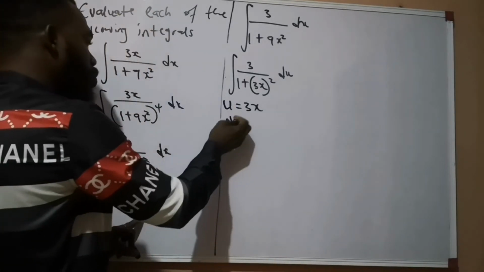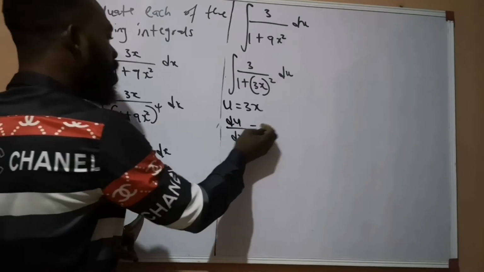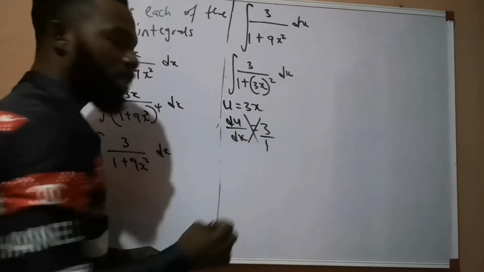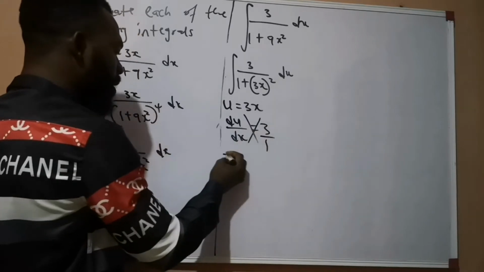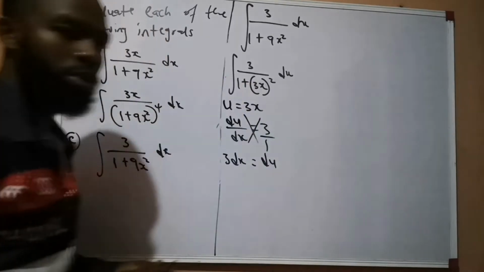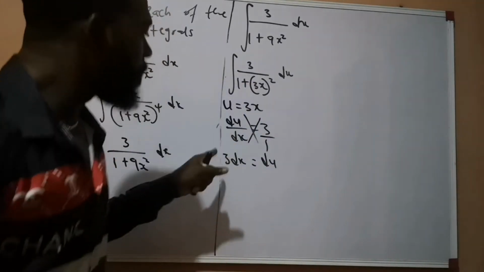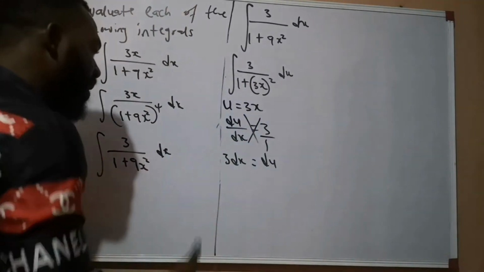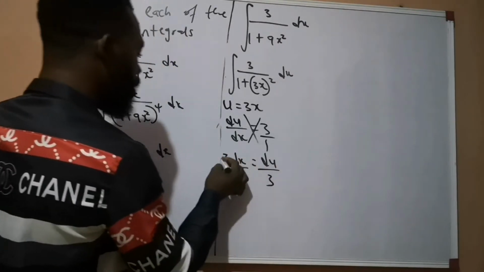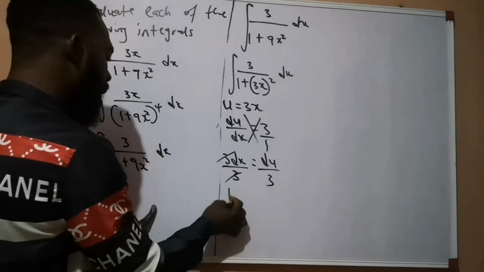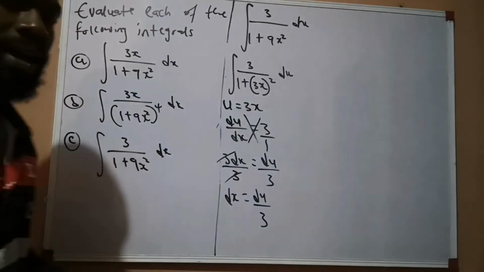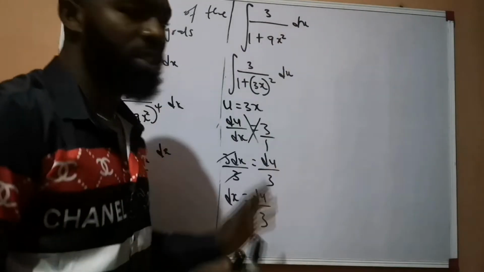So du over dx is 3. Again, put 3 over 1 and cross multiply. 3 times dx gives us 3dx and du times 1 gives us du. Now, we solve for dx by dividing both sides by 3. When 3 cancels 3, I have dx is equal to du over 3. So we have solved for dx.